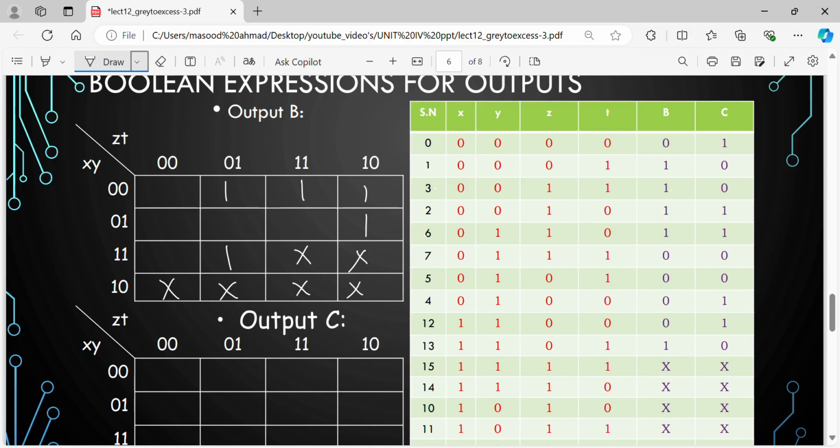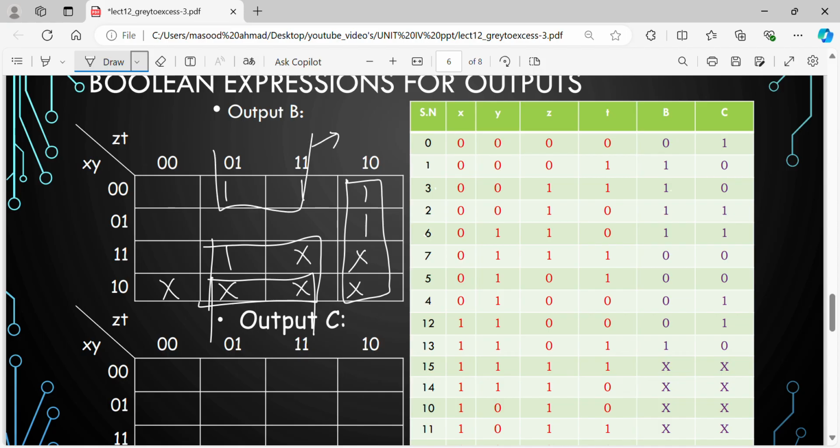So now what I can do is combine like this. Then I can combine this 2 with this 2.